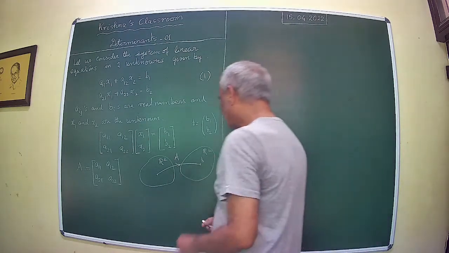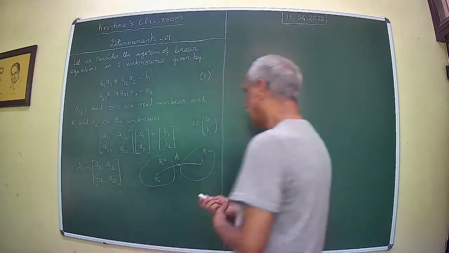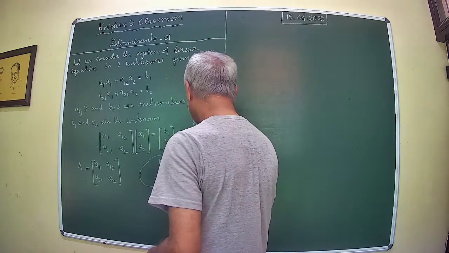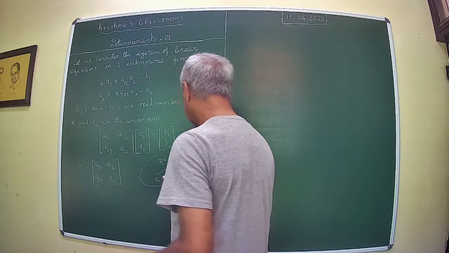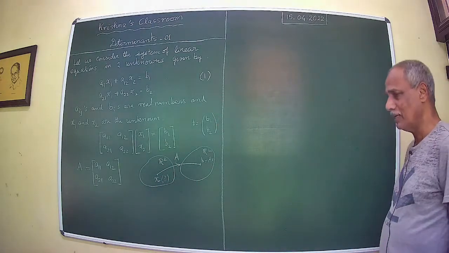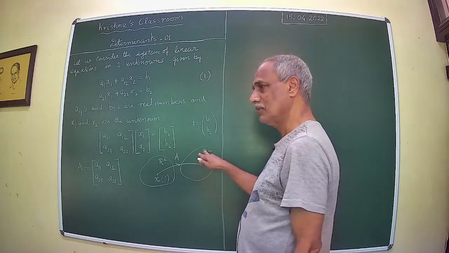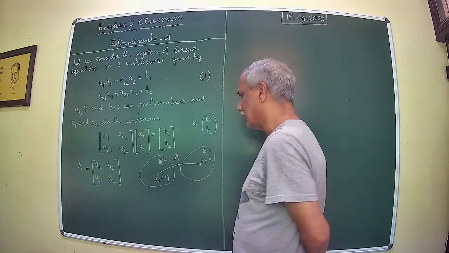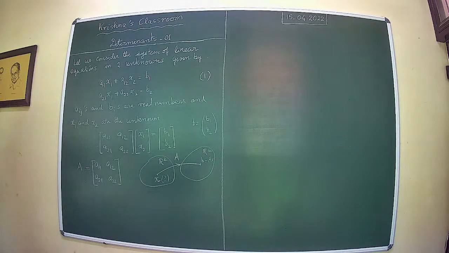Now what we are looking for is an x such that Ax equal to b. Does there exist an x such that Ax equal to b? This is the problem. Or more generally, given any b here, is it possible to find a corresponding x here such that Ax equal to b?